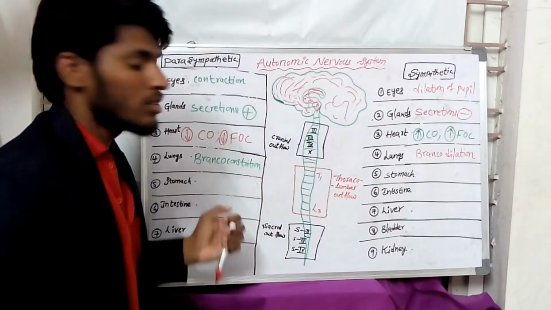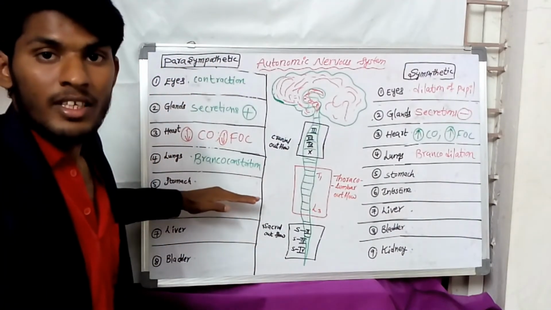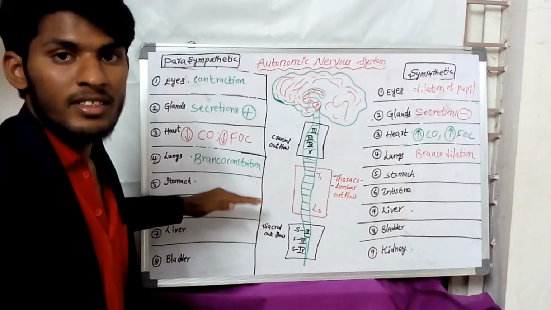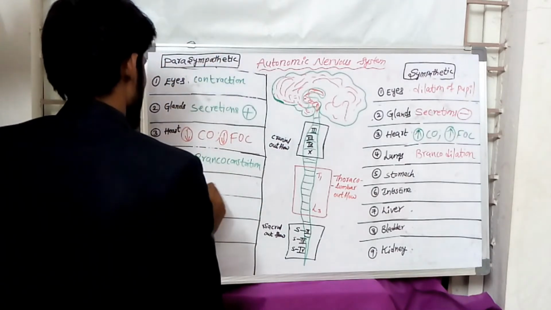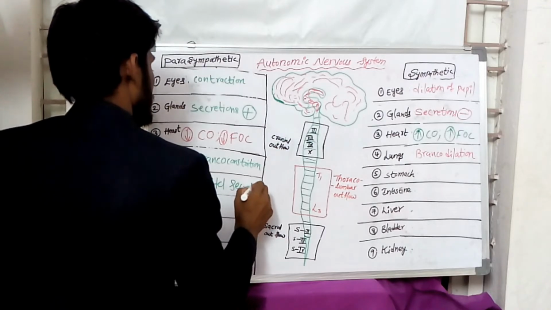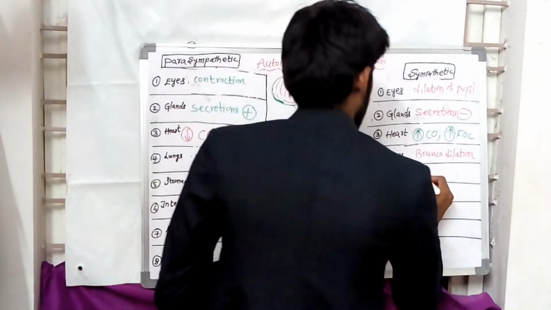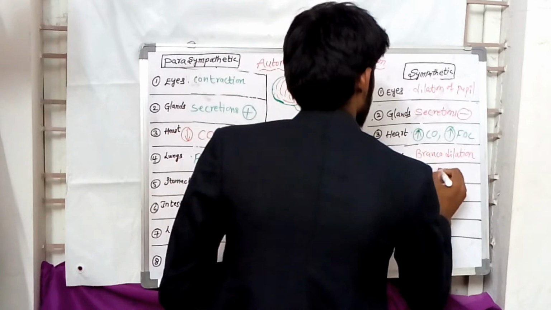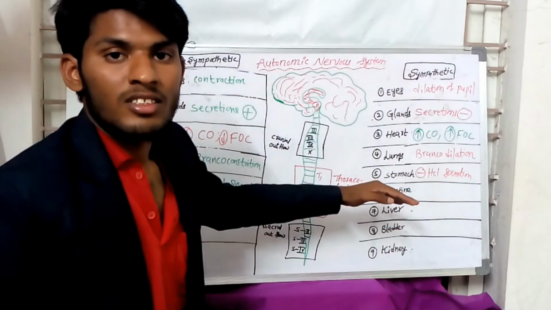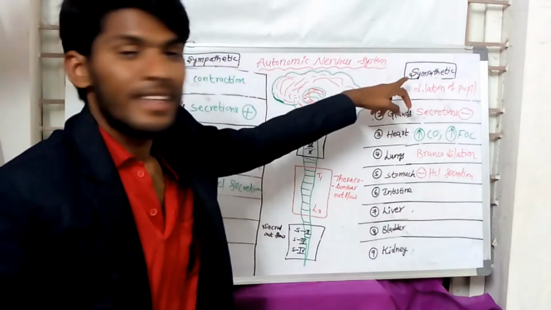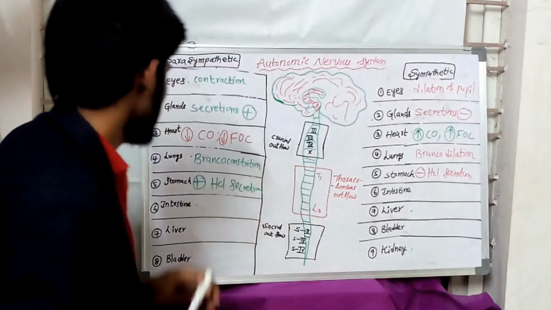In the case of the stomach, the HCl secretion is going to increase in the parasympathetic nervous system. The HCl secretion is going to decrease in the case of the sympathetic nervous system.